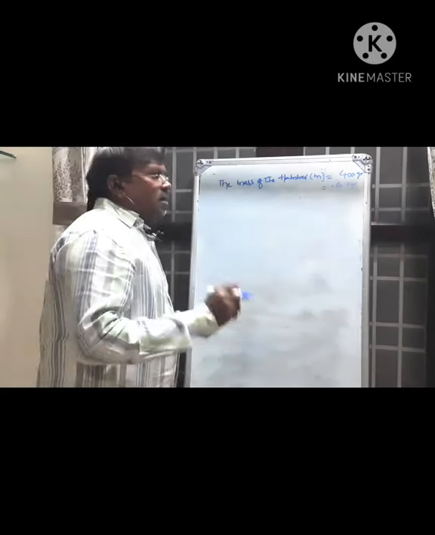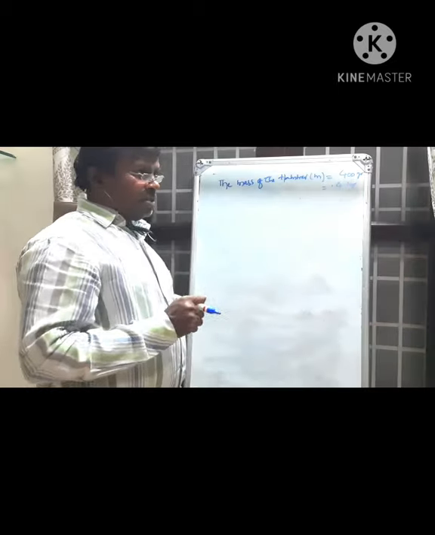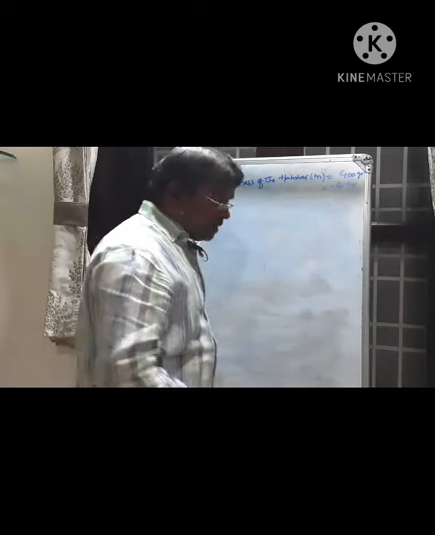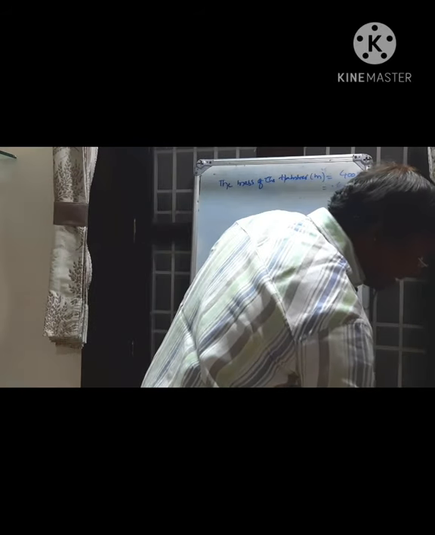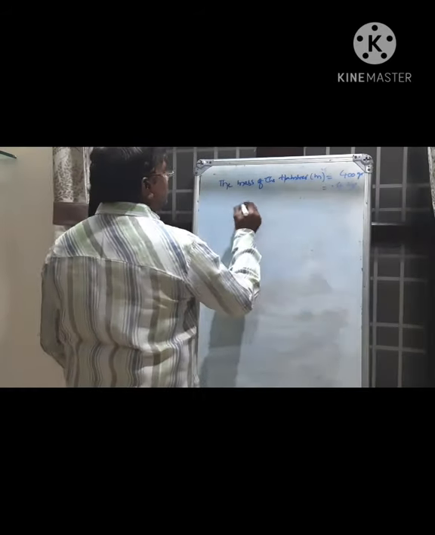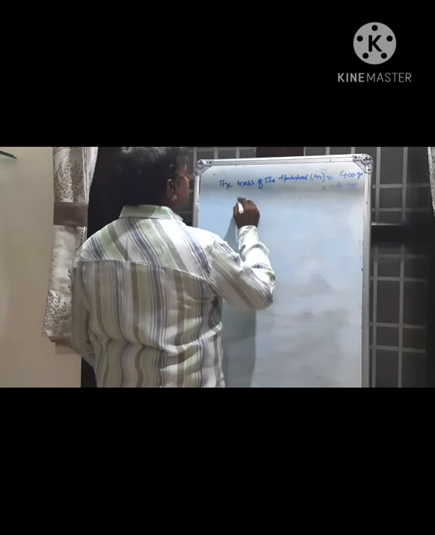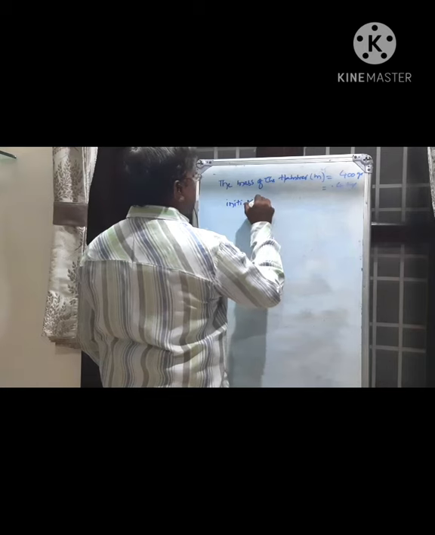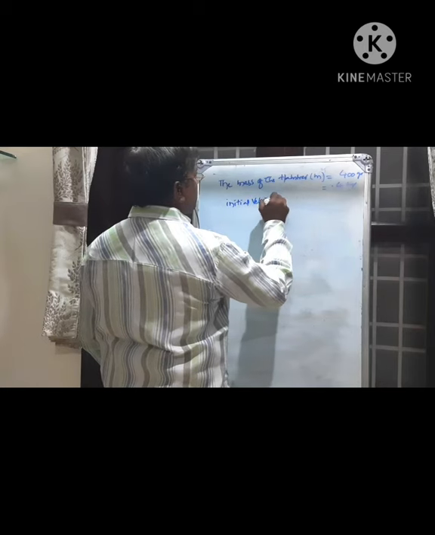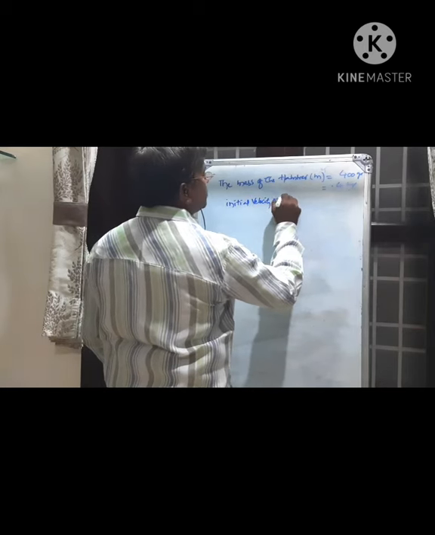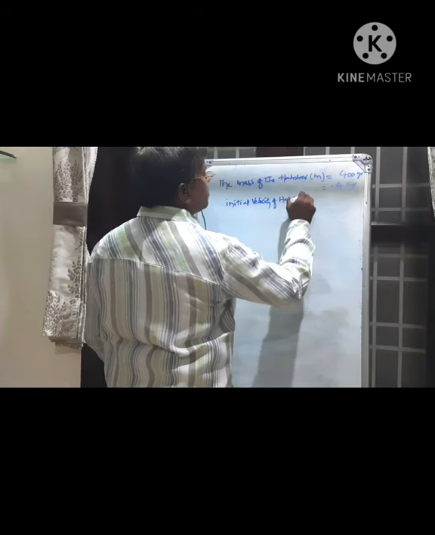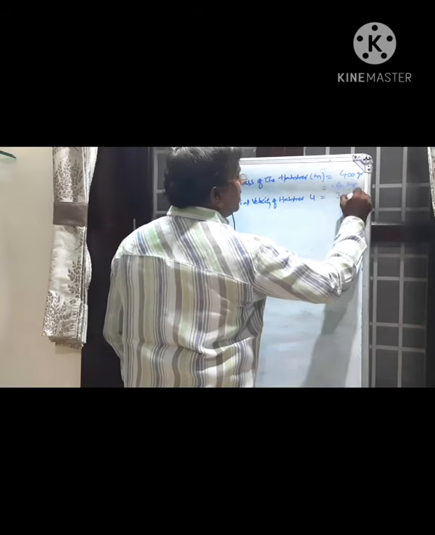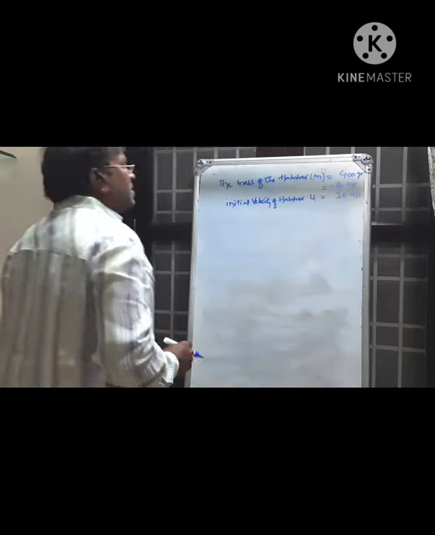The hammer was moving with a velocity of 30 meters per second. It is given that the initial velocity of the hammer, let us say u, is equal to 30 meters per second.